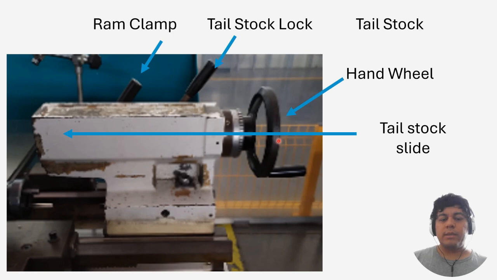Yes, of course, but you also want to increase the length of the little ram that is holding the dead center, and you do that with the hand wheel. You just start rotating the hand wheel, and the whole tailstock starts pushing that little part, so you can reach the other end of the material as well. So that's how it works pretty much. That's the main function of the tailstock.